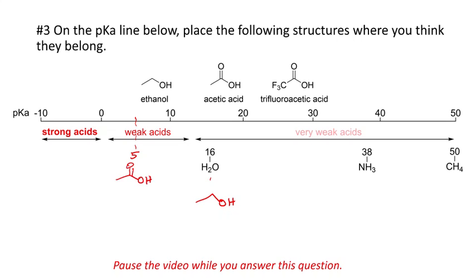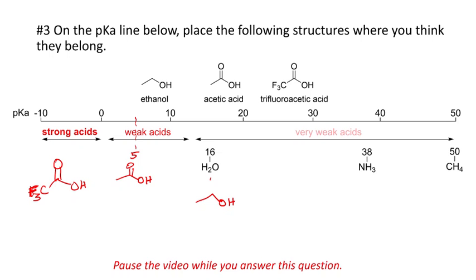Now, hopefully you guessed that. The basic idea is that we have this other oxygen. It's electronegative. It's pulling electrons toward it. That's reducing the electrons in this OH bond and pulling the electrons toward the oxygen, exposing that proton, and it's easy to remove it. Trifluoroacetic acid then is going to be somewhere over here. No reason you would know where, but you should be able to think about the fact that the fluorine is really electronegative, and we have 3 of them.